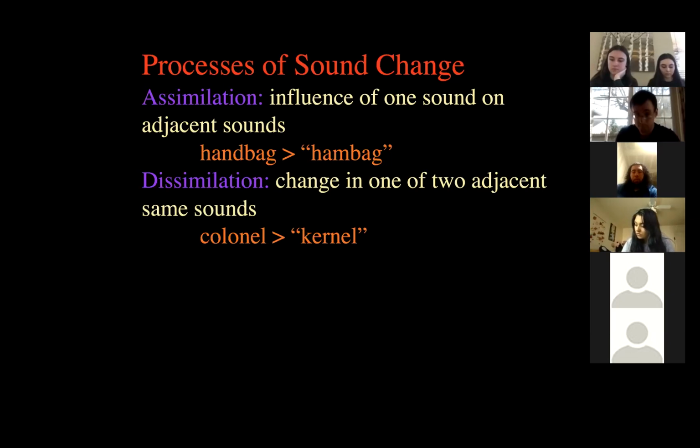And so sometimes what you see is actually a change to another word that we already have, as in kernel, and we want it to sound like that word. We want it to be a homonym, but it really isn't. So the original pronunciation of, in fact, in French, they will still say it, because I believe this is a French loan word, colonel. So in French, you will say colonel, but we say kernel.